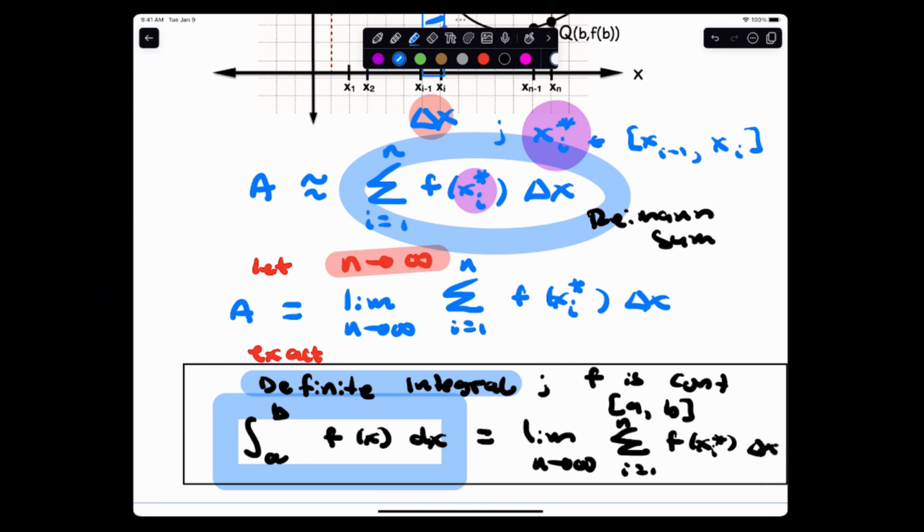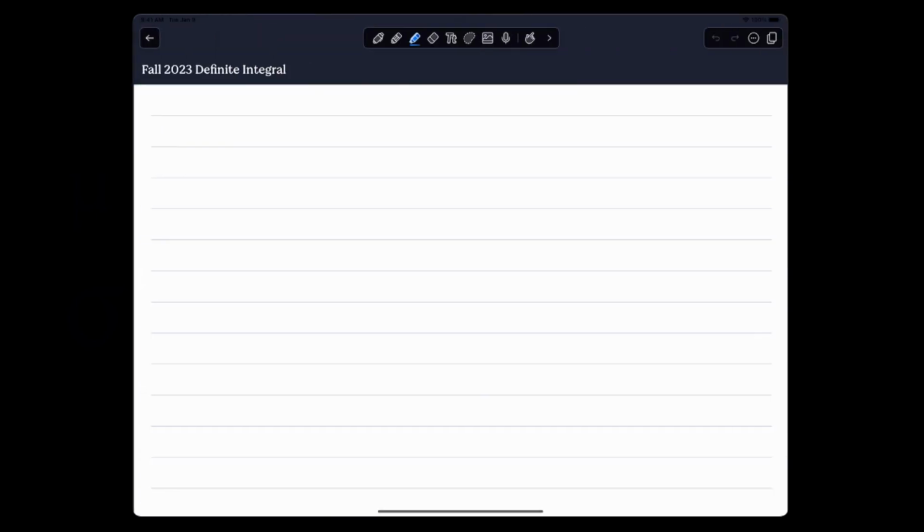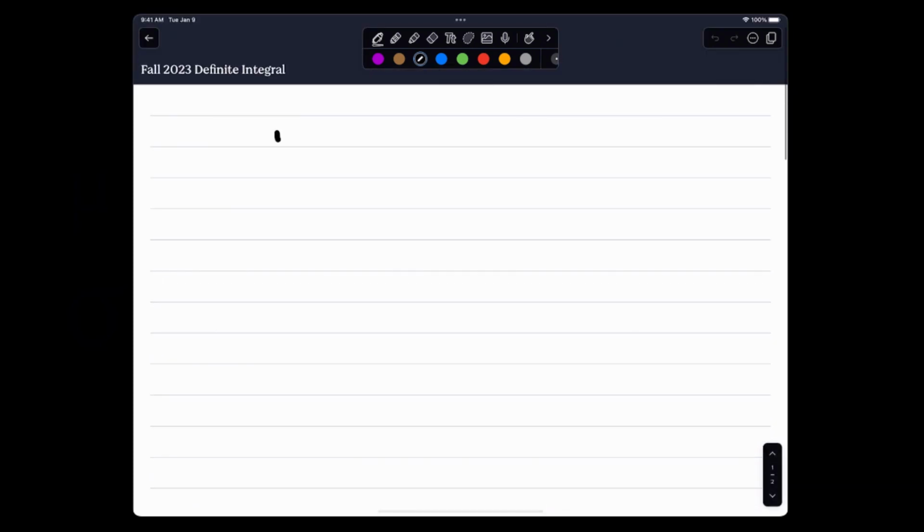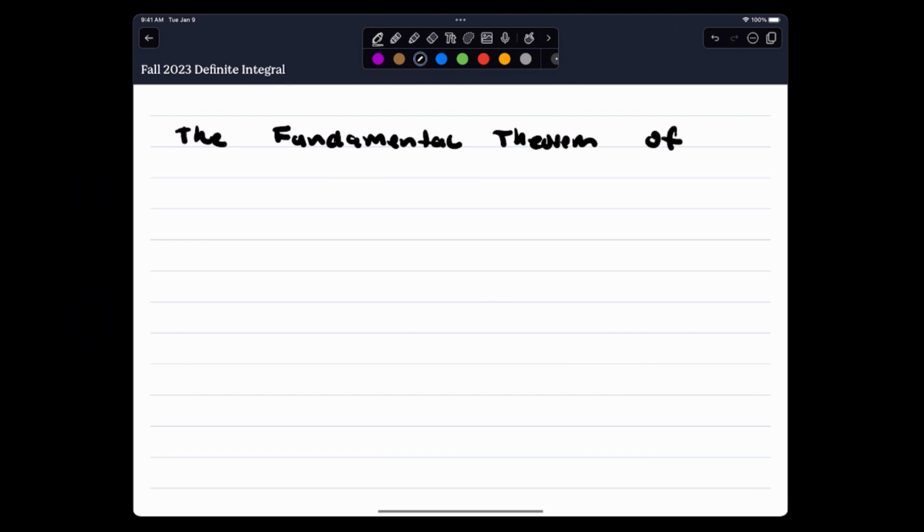So you might even now say to me, okay, how do I use that? Well, you're going to have something called the fundamental theorem of calculus. I'm going to give it to you guys in words today. And I'm going to give you really what's known as part 2.